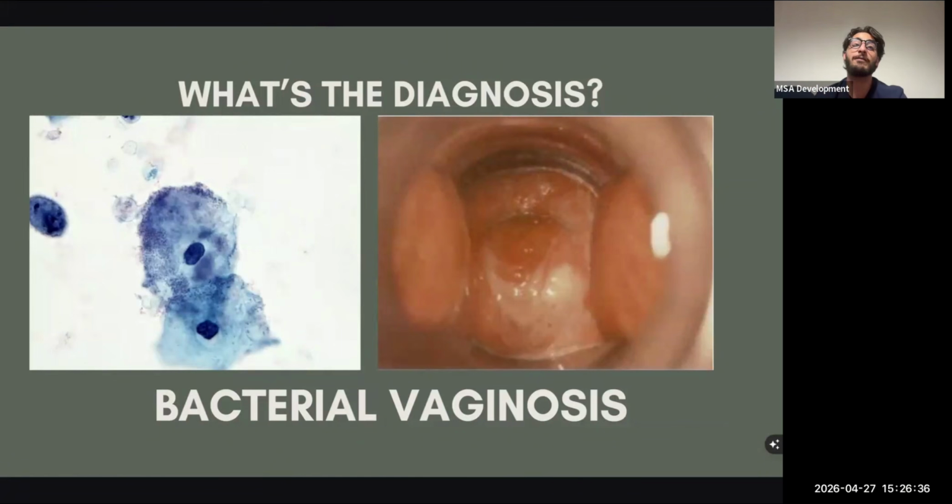If for whatever reason there is a loss or decrease in the number of these lactobacilli, then you're going to get overgrowth of other types of bacteria and pathogens. We're going to talk about the most important one in the very next slide. But that's what I want you to remember about bacterial vaginosis. These bacteria are not lactobacilli. This entire disease is caused by too little lactobacilli.